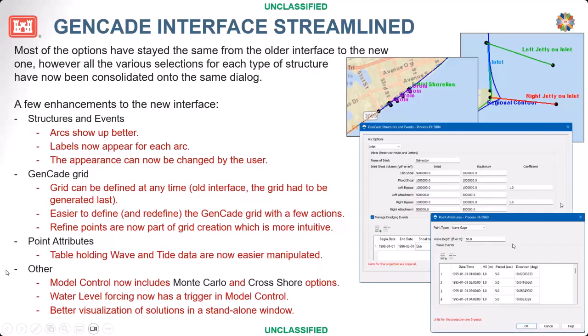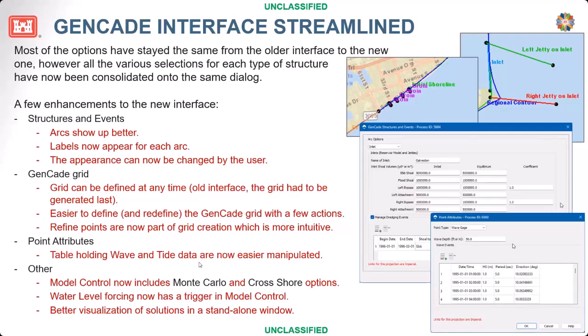And then a few other quick changes that we've done over the last two and a half years. Yending has been improving or adding some new capabilities into GenCade. Those are Monte Carlo type simulations and calculations, and also the capability to do cross-shore component analysis for the movement of the sediment around areas.